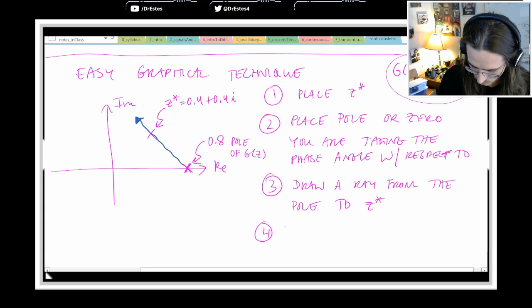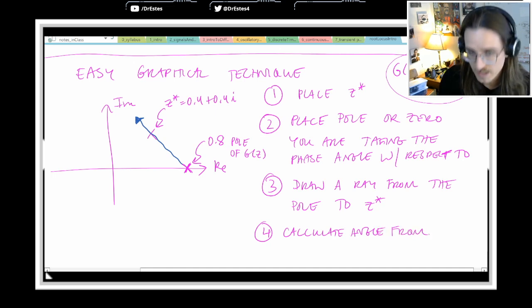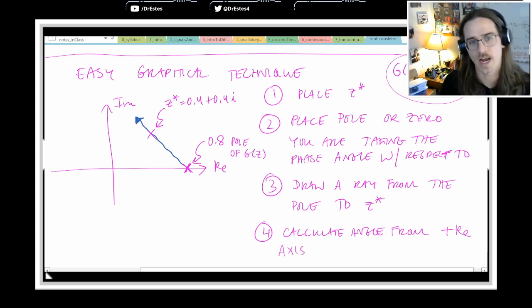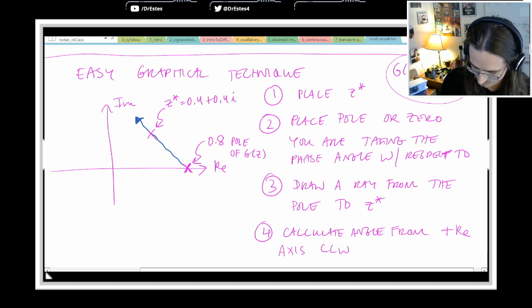Step 4, calculate the angle from the positive real axis counterclockwise to that ray. Counterclockwise to this ray that we just drew.